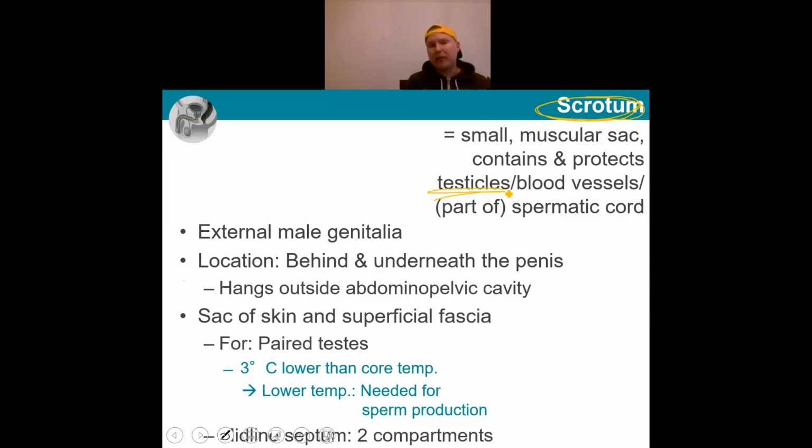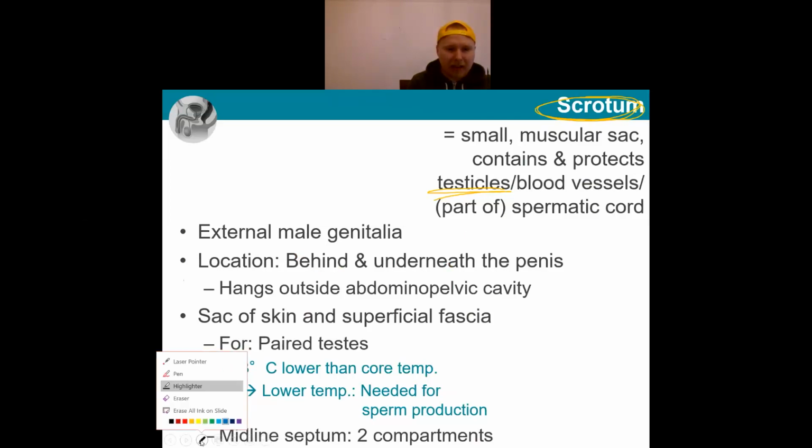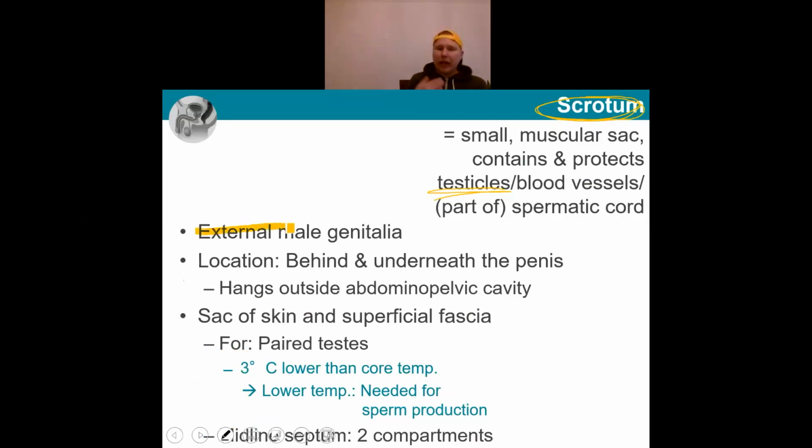So our epididymis is located there on top of the testicles and testis, and in addition, the beginning of the vas deferens or ductus deferentia. This is really what we see as a part of the male external genitalia in addition to the penis. And it's located, if you wish, underneath and behind the penis.